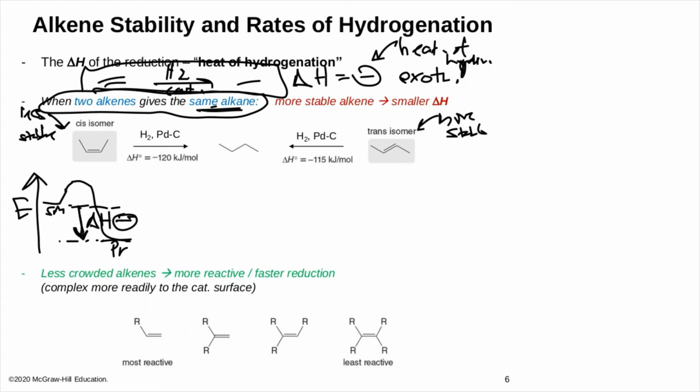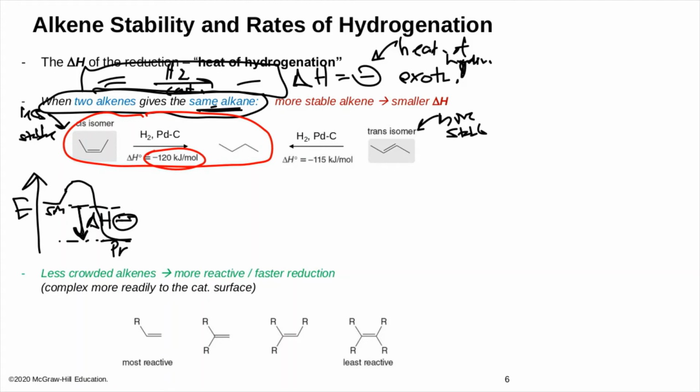Now, if we look at two reactions, let me color code them for us. If we take the cis isomer, cis-2-butene, and we hydrogenate it with hydrogen and a palladium catalyst down to butane, that is exothermic by 120 kilojoules per mole, okay?